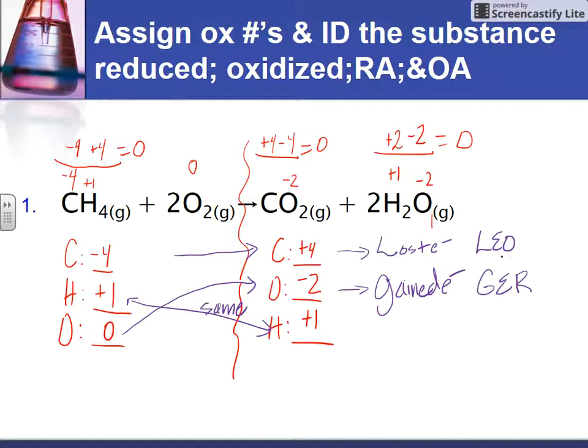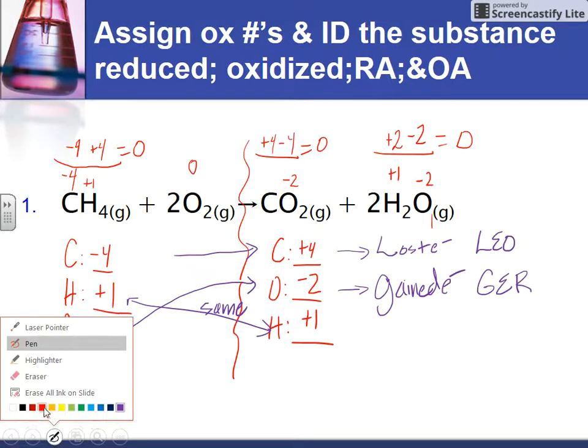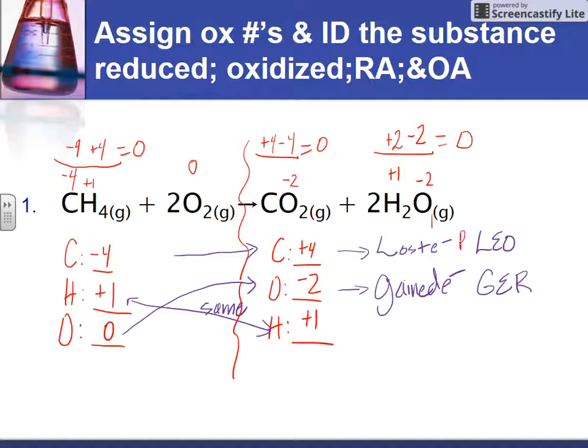So now that we figured out who LEO'd and who GER'd, who lost electrons and who gained electrons, think about in terms of RALEO and OGER. One of them has got to spell RALEO and one's got to spell OGER. So here's the key. Now, we've assigned oxidation numbers.